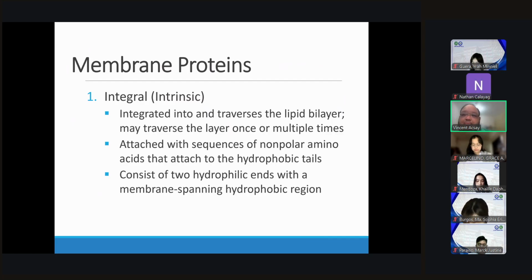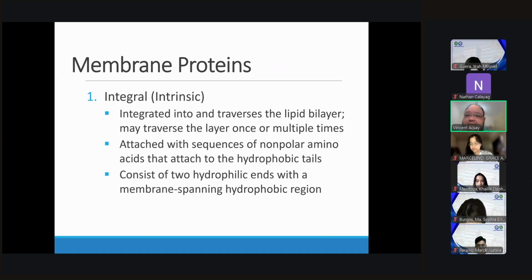You cannot remove them without disrupting the bilayer. They are connected to the bilayer through a series of non-polar amino acids, which we've discussed. Those are your aliphatics and your aromatics that attach with hydrophobic tails.